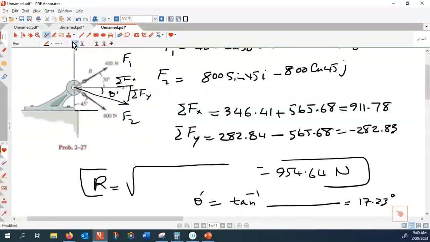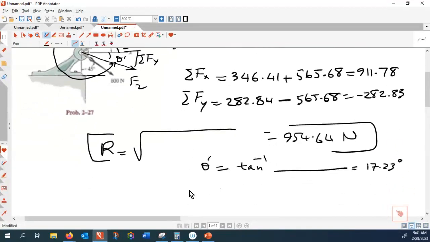But because you want to measure it from the positive X, you have to subtract this from 360. So theta itself, the standard angle measured from the positive X, is 360 minus 17.23.